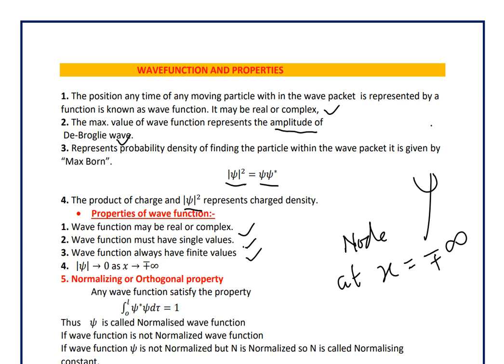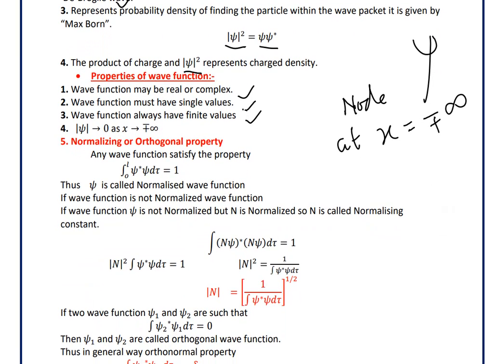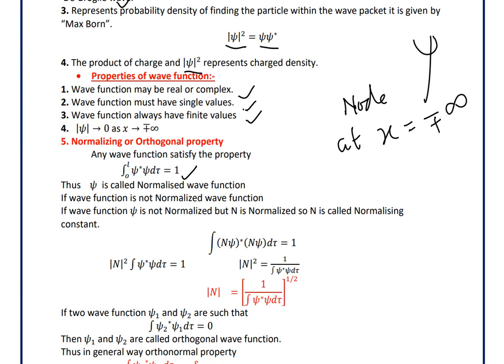Next property: normalizing and orthogonal. A very important property of the wave function. If we multiply psi with its conjugate psi star and take the integral within the given limit, and you get the value 1, that means the total probability of finding the particle in the given place is 1.